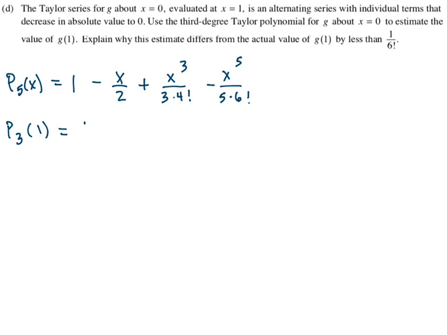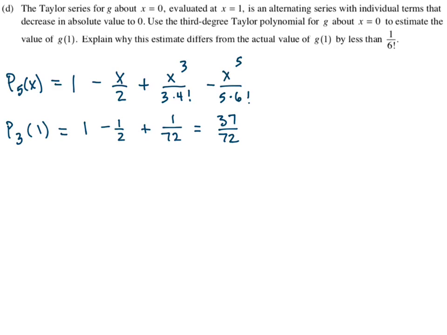So let's first just bring in that P5 of x, our 5th degree polynomial that we've used in the previous parts, and they want us to find g of 1. So I'm just going to plug a 1 into that g. You can call it g of x here as well, but if I'm using the polynomial, I like to use the p for this part. So they do say use the 3rd degree Taylor polynomial, so I'm going to go p of 3, and I'll plug a 1 in just to the first 3 terms.